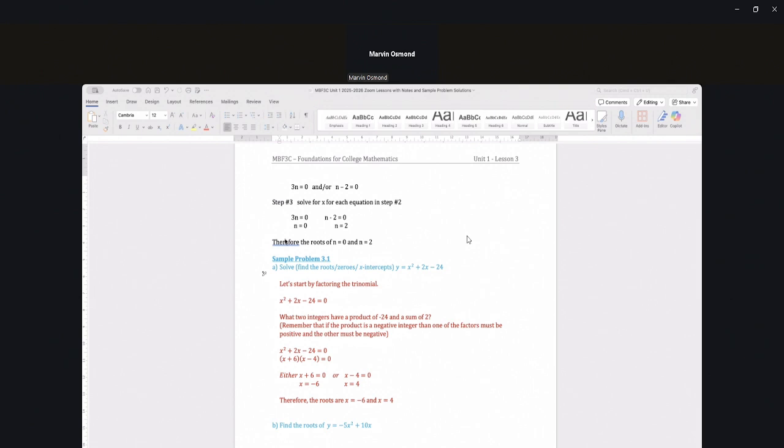The vertex is minus 1, minus 25. So remember, inside the bracket, we have to change the sign. So it's going to be x plus 1, we need to square that, and then minus 25.